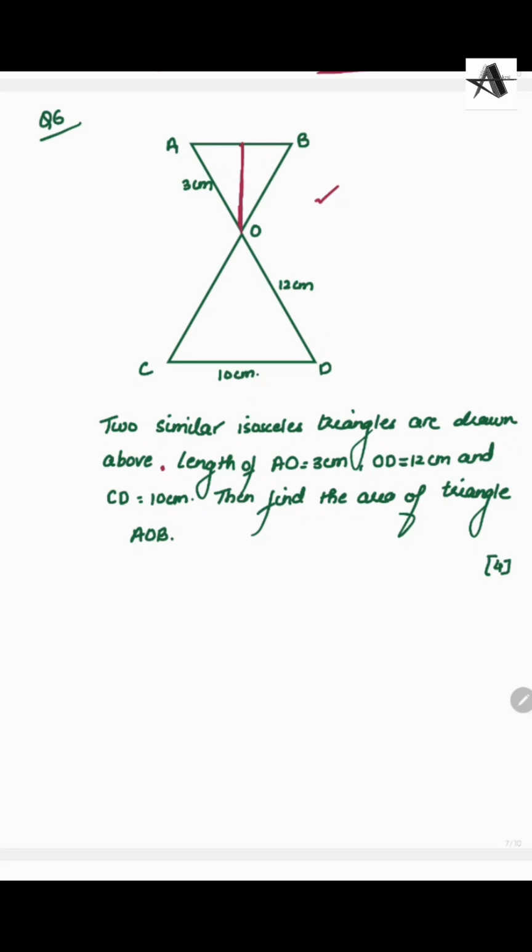From here we can say that, let me find the volume of the bigger cone. So volume of bigger cone is 1 by 3 pi r squared h.